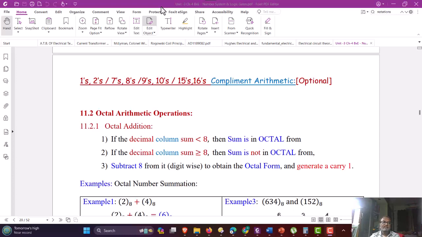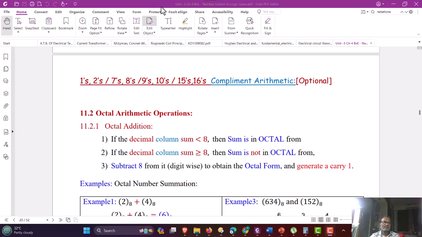The nines and tens complement can be used for performing the subtraction of two decimal numbers in decimal system, whereas sevens and eights complement can be obtained by performing the subtraction in octal system, and 15 and 16's complement can be used to perform the operation in hexadecimal system.